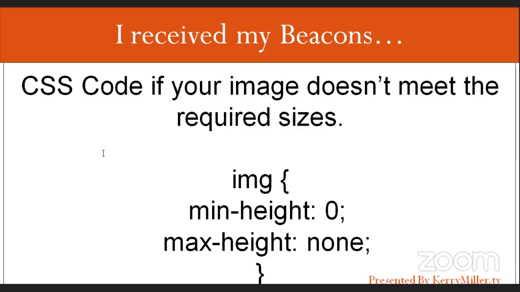So if it's a sale, we're going to put up here, get 25% off our current inventory through Friday. Okay, so we got get 25% off our current inventory through Friday, and that can be whatever you want it to be. My screen is not moving.